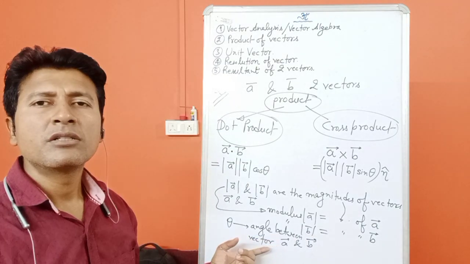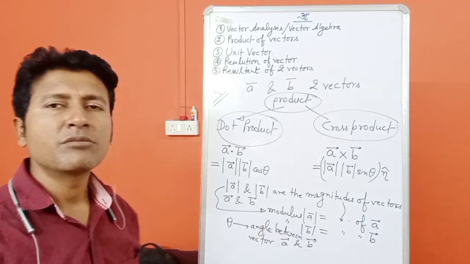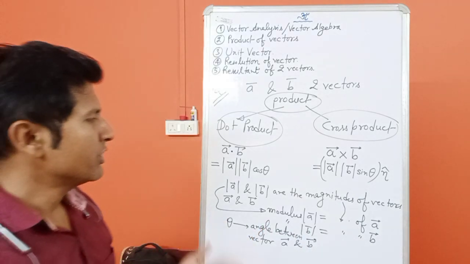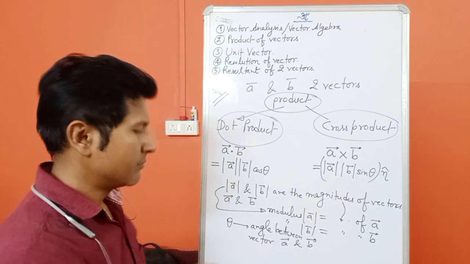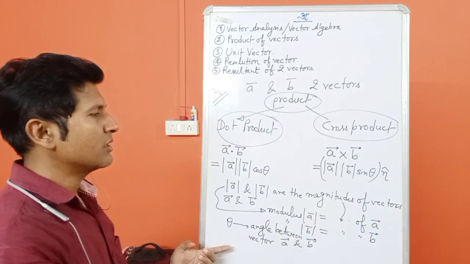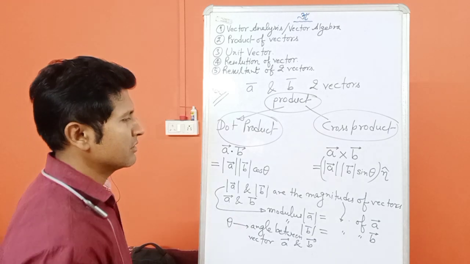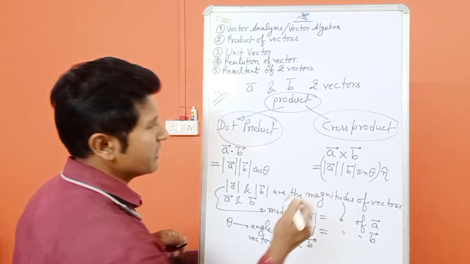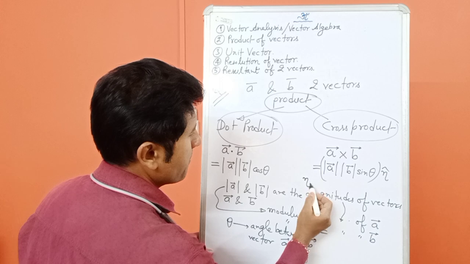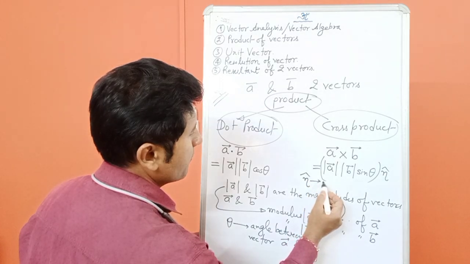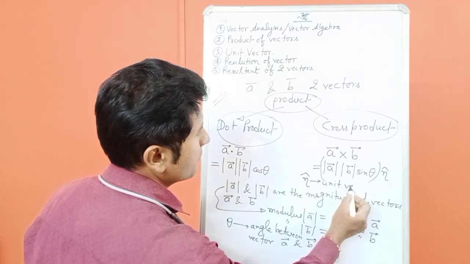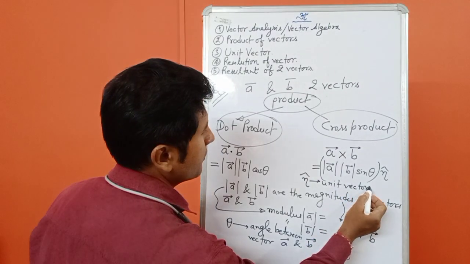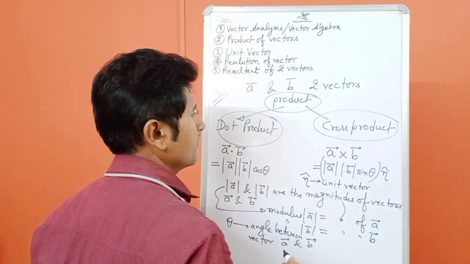Theta is nothing but the angle between vector A and vector B. I hope this point is clear. Now, what is this eta? Okay, if you have noted it down, we can further mention this. Eta is basically a unit vector, right?